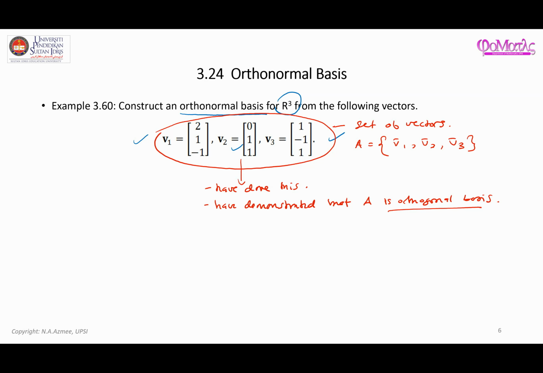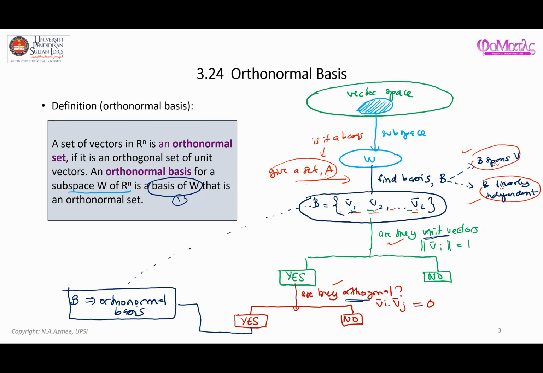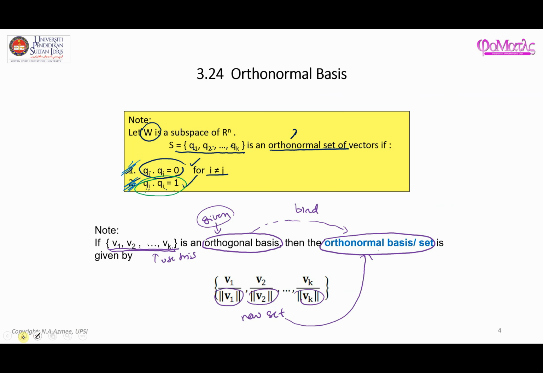Since we already know that this is an orthogonal basis, we don't need to go through all this process here. We can just use this idea and find the orthonormal basis using this given formula here. So that's what we are going to do.